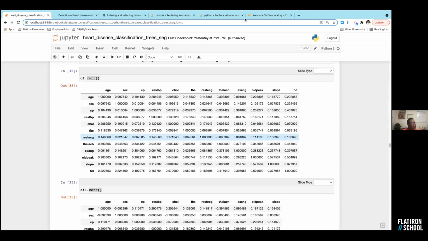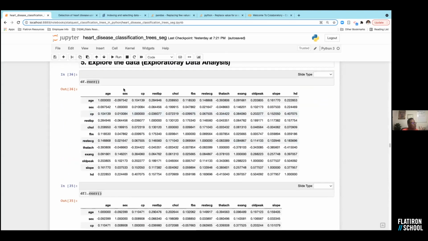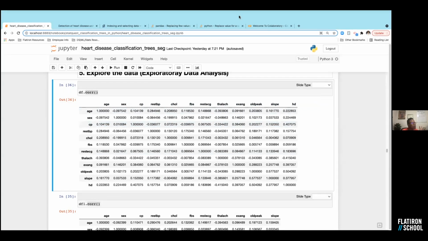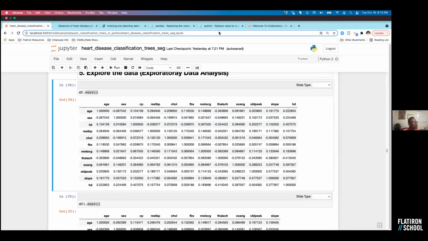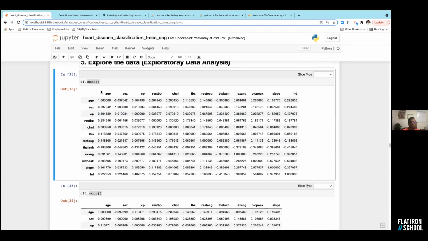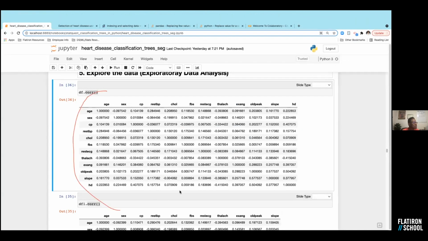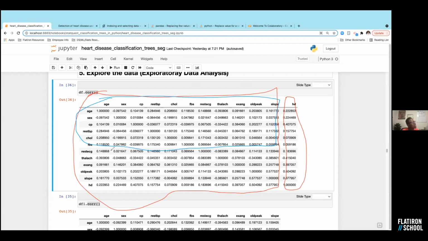Let me see if I can draw this. The first separation we do is kind of like this, and then after that we do another separation where we separate our data into train and test.